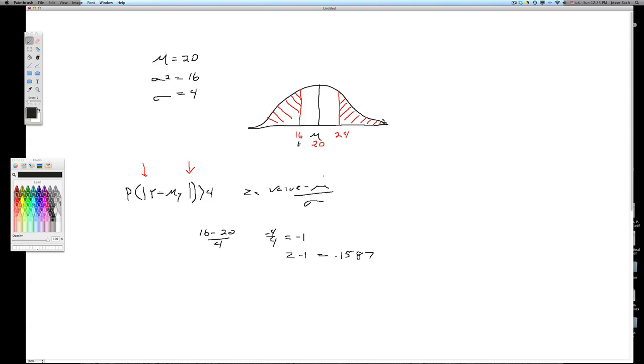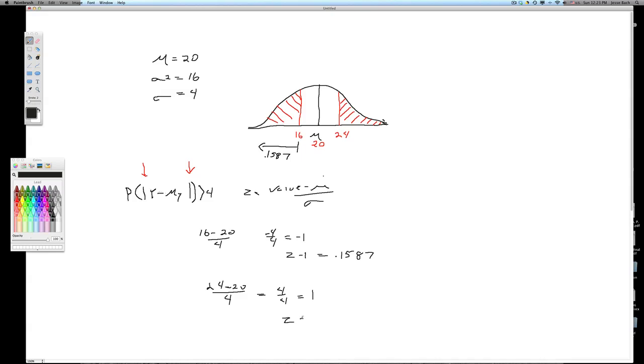So this is telling me that this area, from here down, is an area of 0.1587. Now, to do it the other way, you've got 24 minus 20 over 4 gives you 4 over 4 gives you 1.